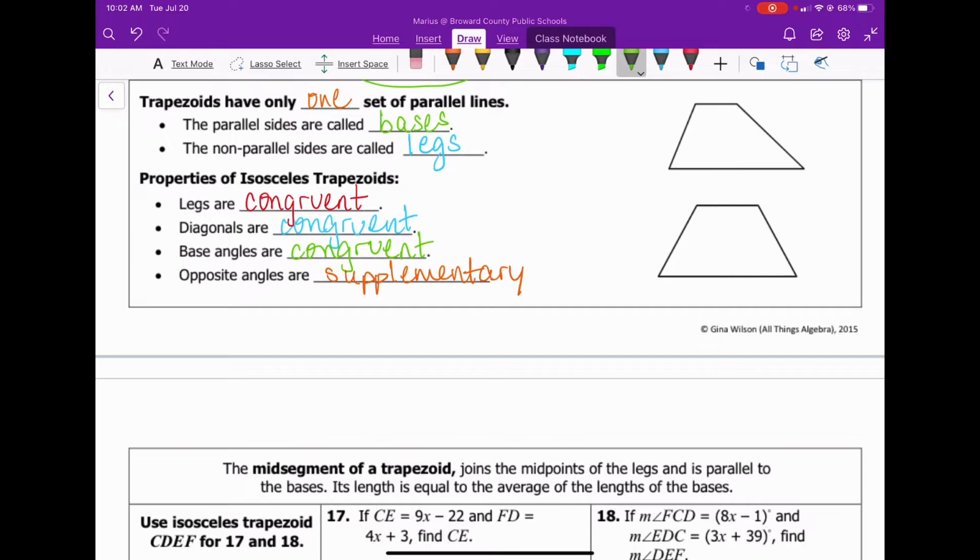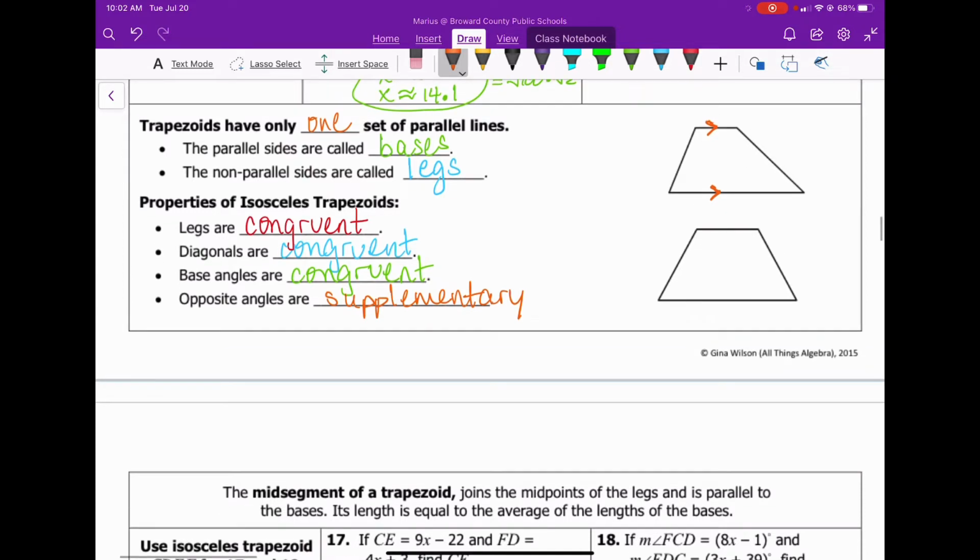Trapezoids have only one set of parallel lines. Those parallel sides are called bases. For example, this would be base 1, this would be base 2.